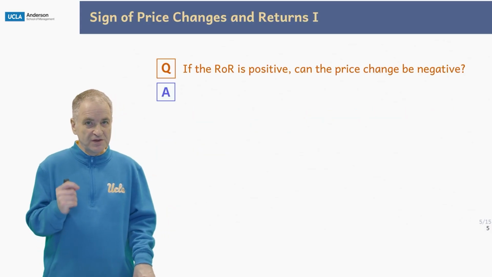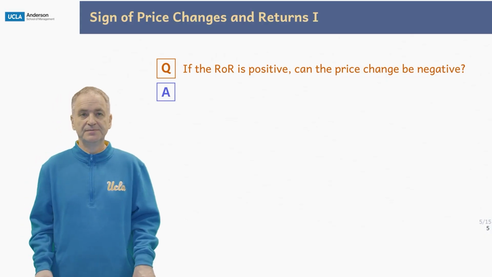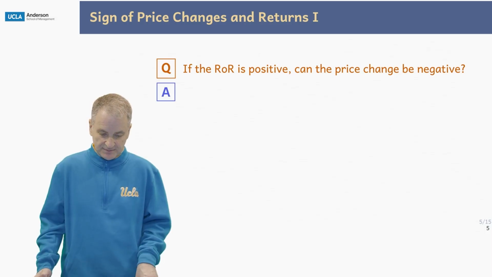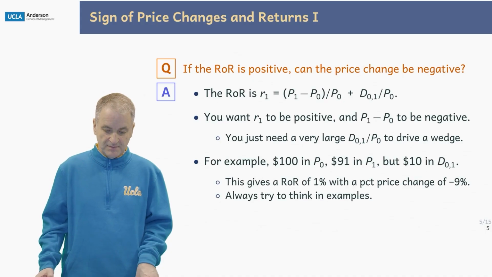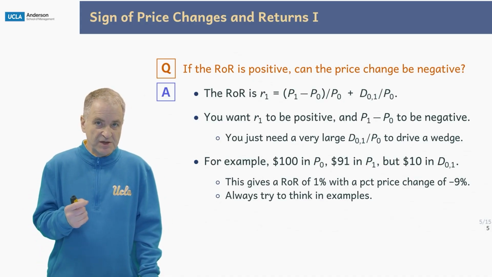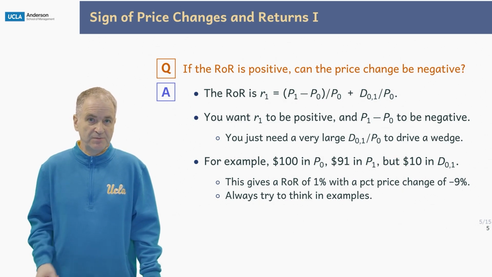If the rate of return is positive, can the price change be negative? Please pause this video now, answer the question on a piece of paper, and then continue. Well, the rate of return is P1 minus P0 divided by P0 plus D1 divided by P0.